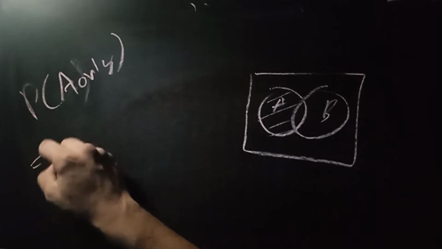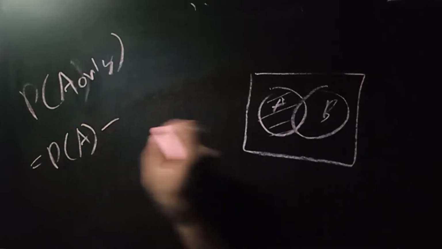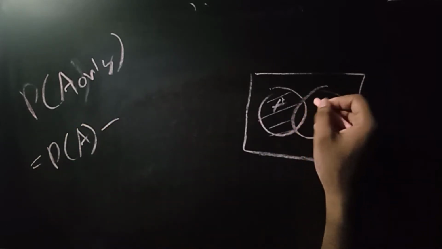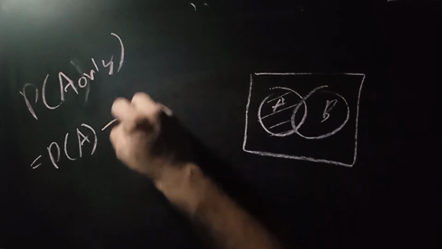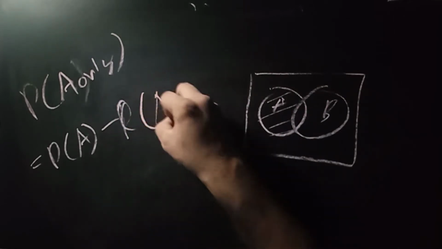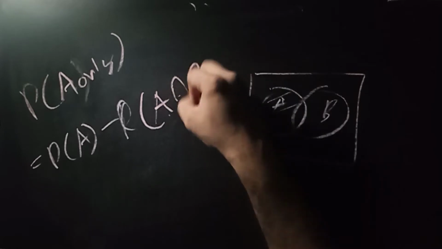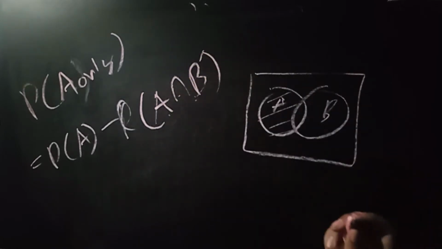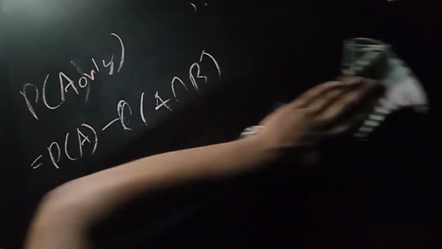How can we get this shaded region? Easy: P of A minus this intersection area, that will be P of A intersection B, just like that. In the Venn diagram you will find all the formulas you need.